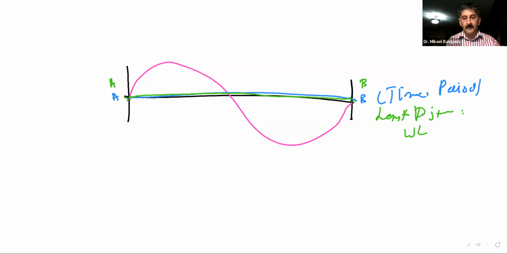When we measure that in terms of length or distance, that becomes the wavelength. Did that make sense?